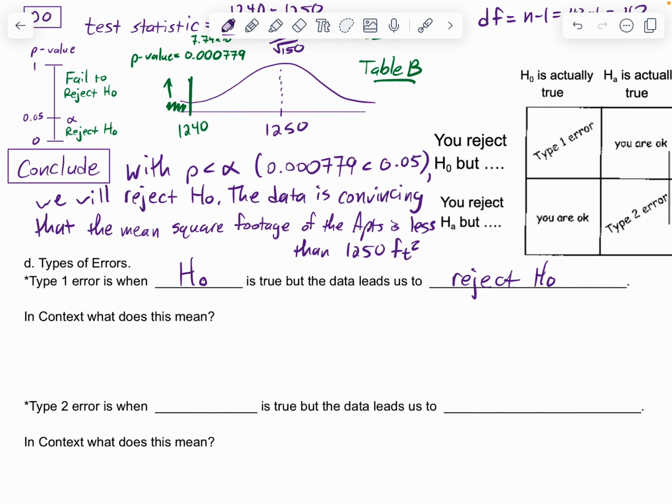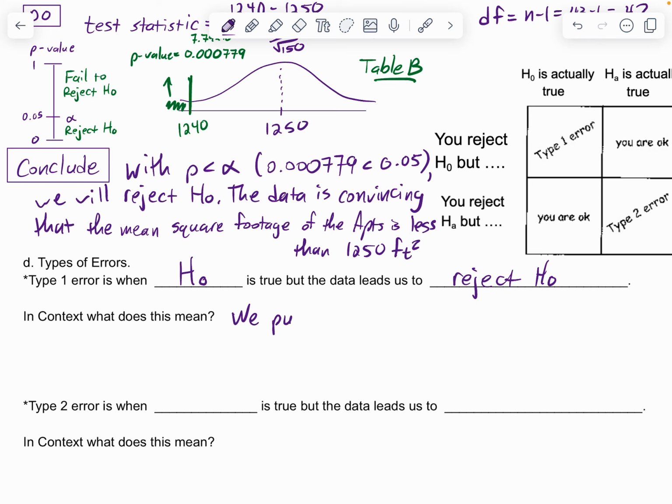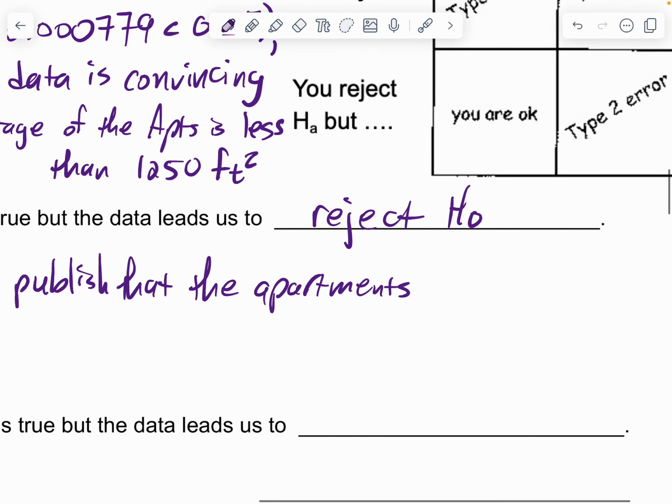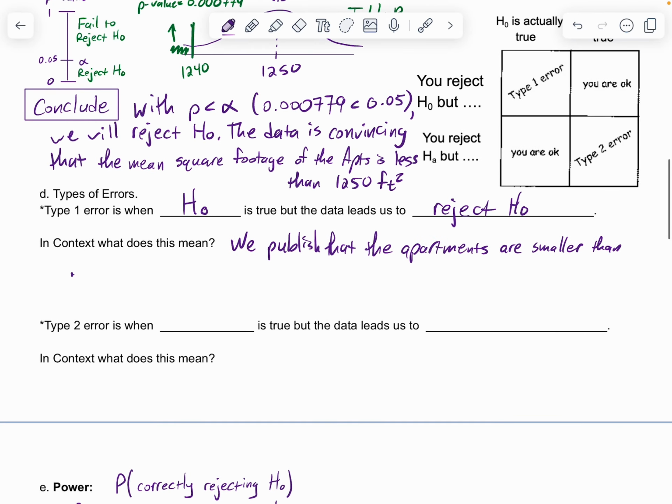It means we publish that the apartments are smaller than 1,250 square feet, but they are actually a mean of 1,250.